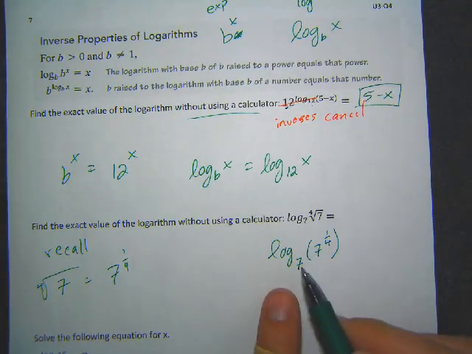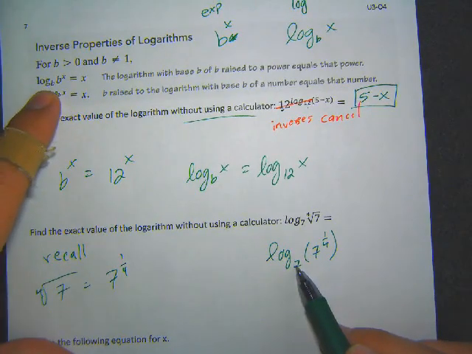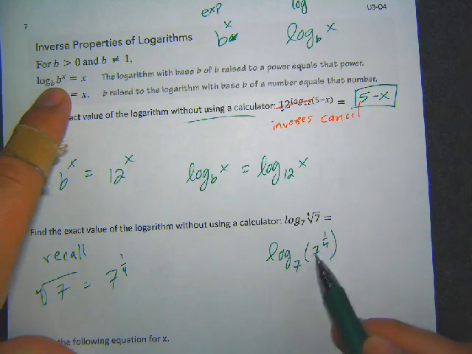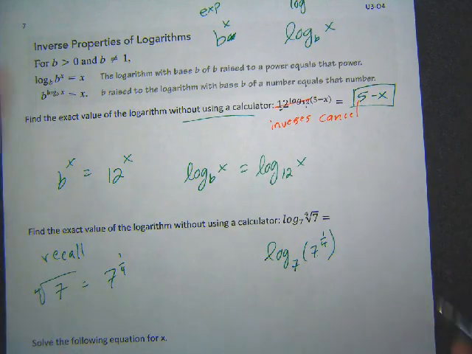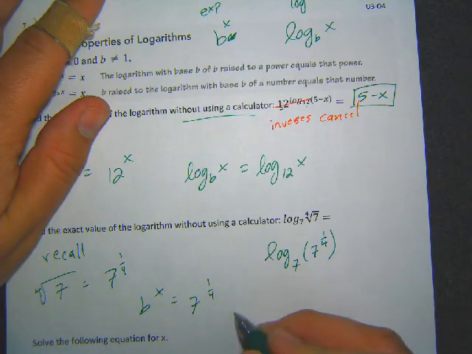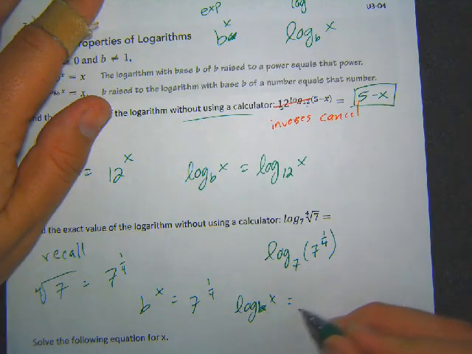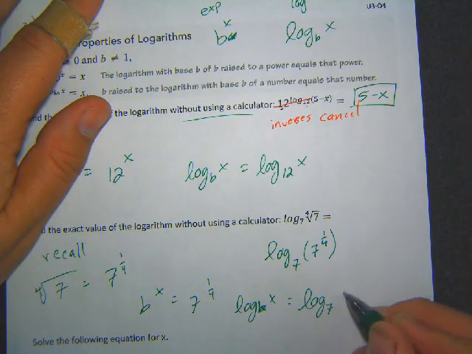And then you can see how this is log base b of 7 to the 1/4, which is the b to the x. So the b to the x would be the 7 to the 1/4, and the log base b of x is the log base 7 of x.